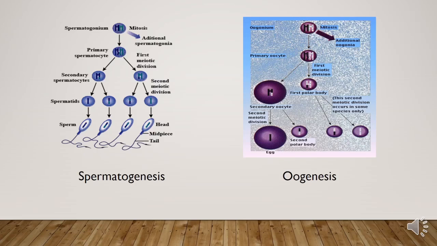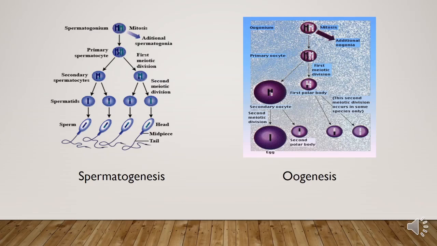The large cell is called the secondary oocyte, and the small one is called the first polar body. Both cells enter meiosis 2, and the division process occurs again. The secondary oocyte divides again into 2 cells of unequal sizes: a haploid ovum or egg cell and a second polar body.